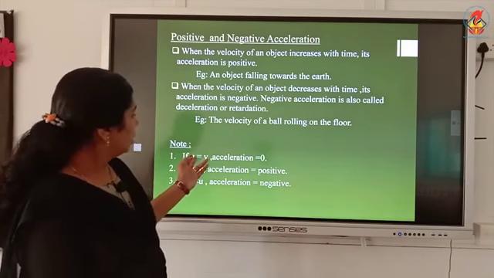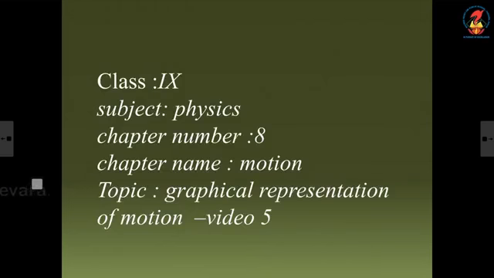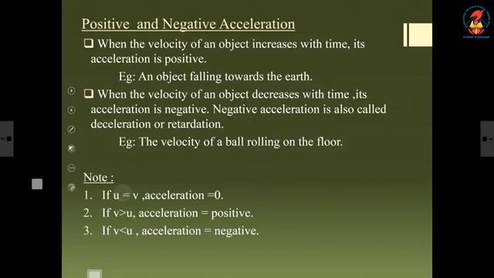Then, if initial velocity and final velocity are the same, then acceleration is 0. If initial velocity is less and final velocity is more, then acceleration is positive. If final velocity is less than initial velocity, acceleration is negative. These three we will do in the next problem.